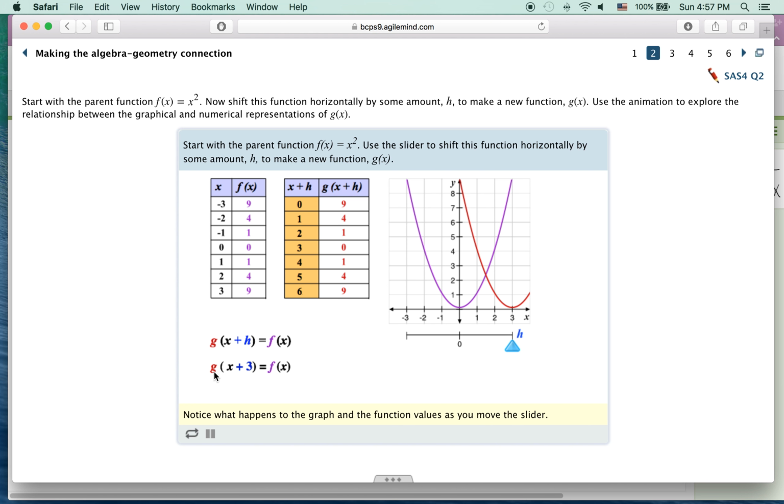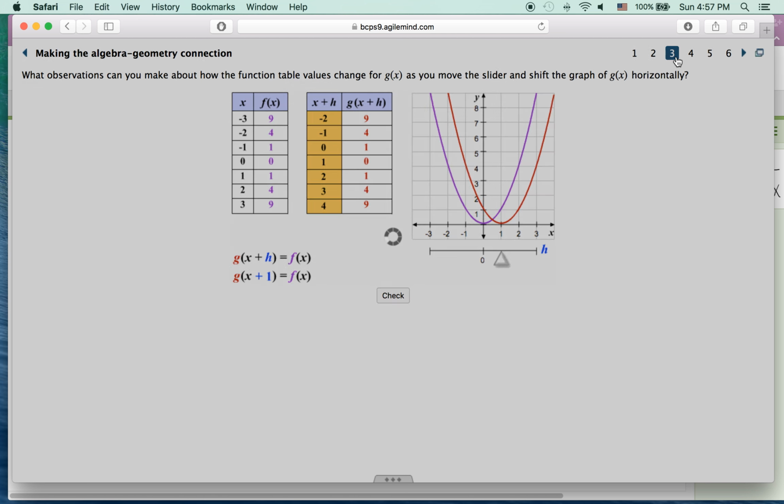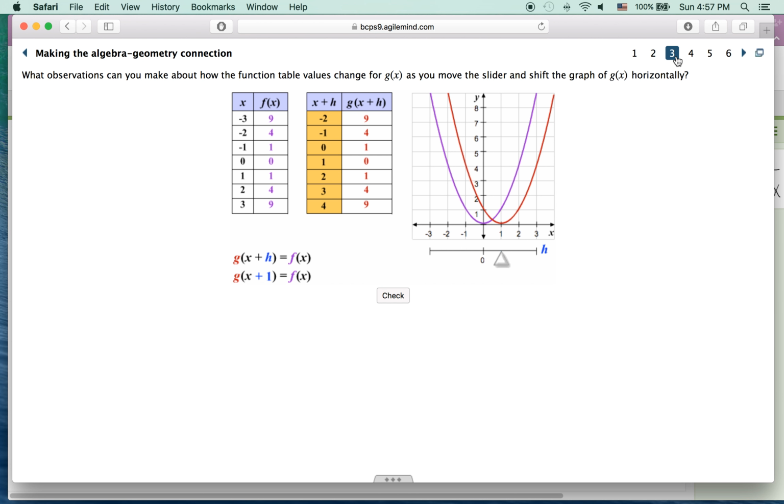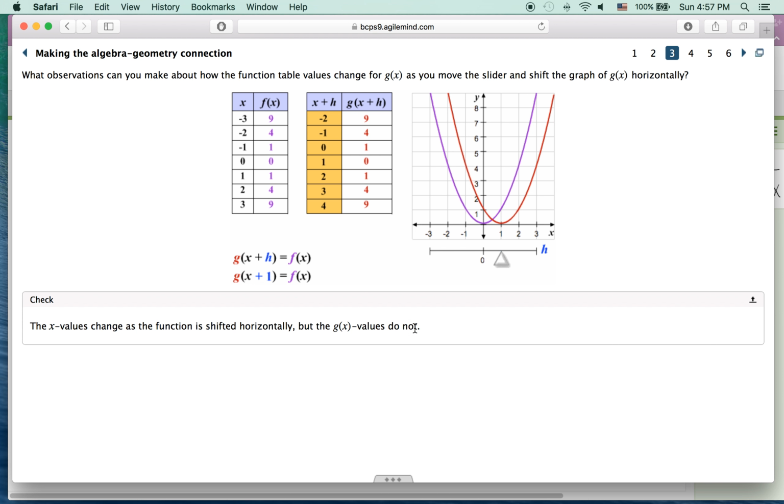So we could write this like this. Here we write the translated function plus the shift to the right equals the original function, f. So again, we see that the g values do not change as the function is shifted.